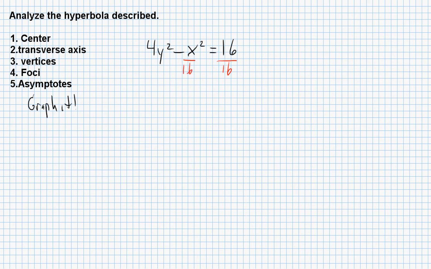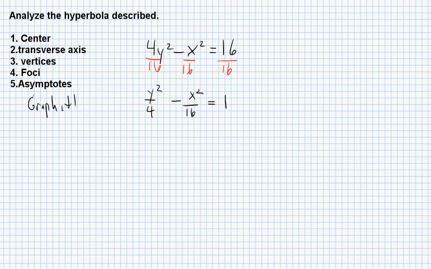So we just divide everything by 16. 4 over 16 is going to be 1, so y squared over 4 minus x squared over 16, and then 16 over 16 is 1. So there we go. There's our vertex form.